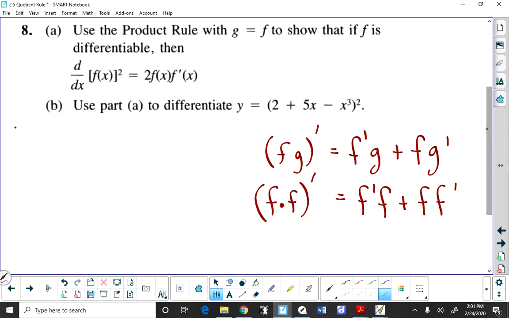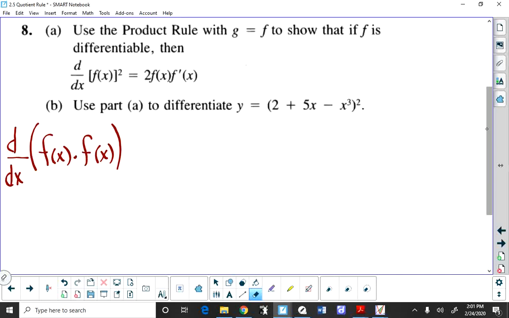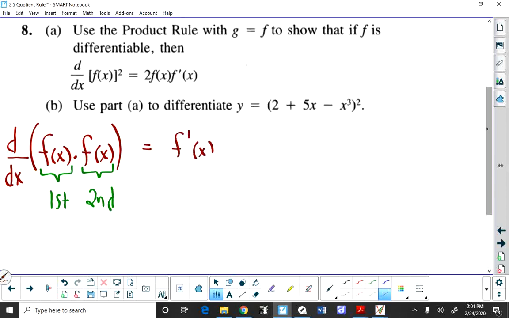Well, if I want to determine the derivative of f of x squared, then this is the first, and this is the second. So what I'm going to get is the derivative of the first times the second plus the first times the derivative of the second.